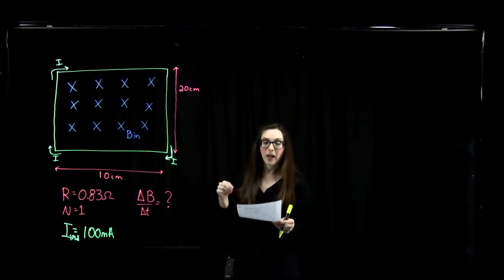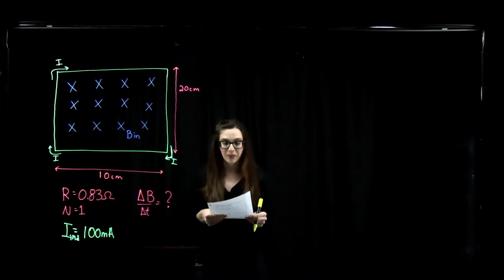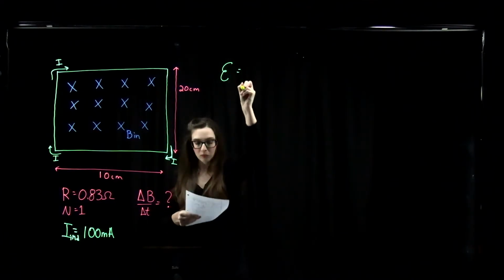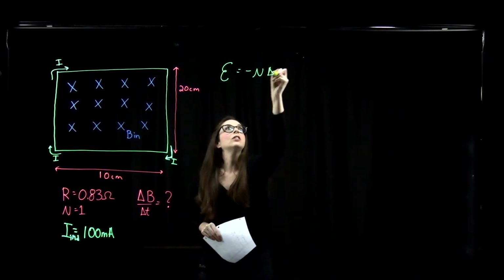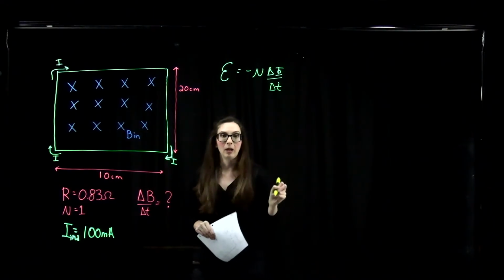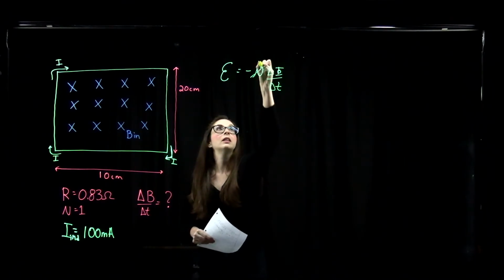So we have to apply a couple of different ideas in order to figure out what this rate of change is. My induced EMF is equal to minus N times the change in magnetic flux over the change in time. We've only got 1 turn of our loop, so N here is 1.